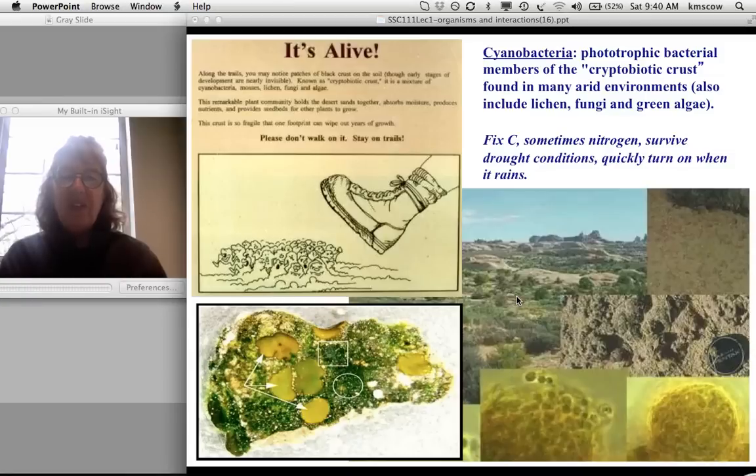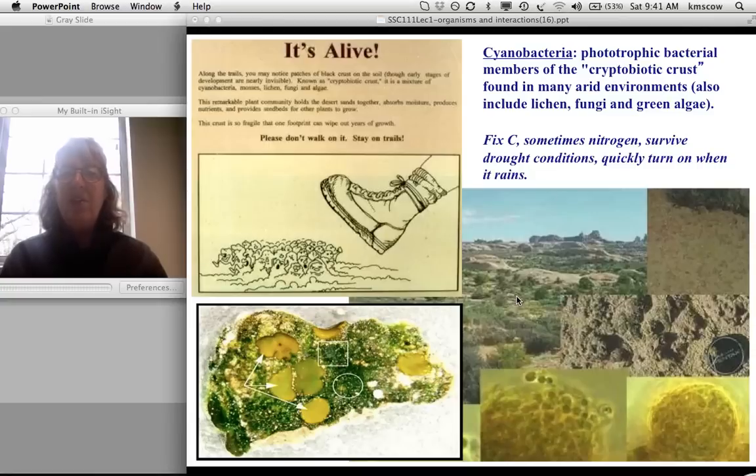There are really interesting videos you can see on YouTube showing how quickly these organisms respond to rain in arid environments. They have such short windows when they can be biologically active, so they're very fast when the first raindrops hit. These dry, crusty things just come to life and start sucking carbon and nitrogen out of the air, as fast as they can, for as long as they can, before things shut down again and they dry up.